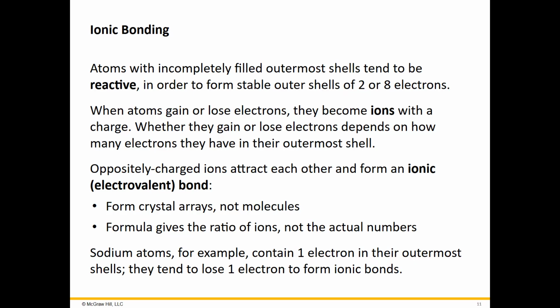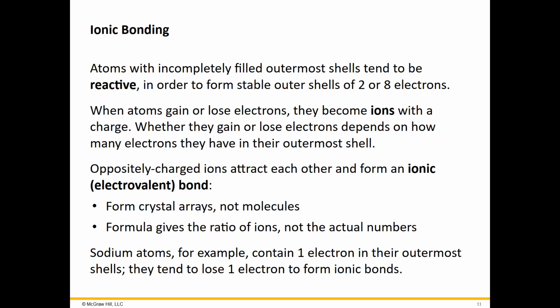we are talking about bonding that exists exclusively between ions, right? So when atoms gain or lose an electron, they become an ion. Whether they gain or lose the electron will tell us whether it's a positively or negatively charged ion. Things with opposite charges form ionic bonds, okay?